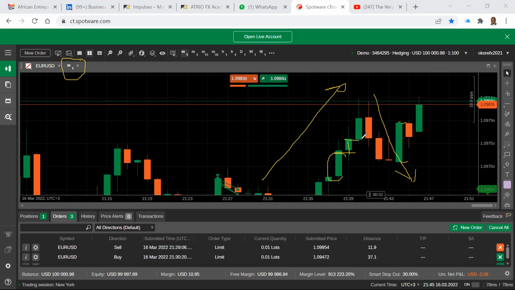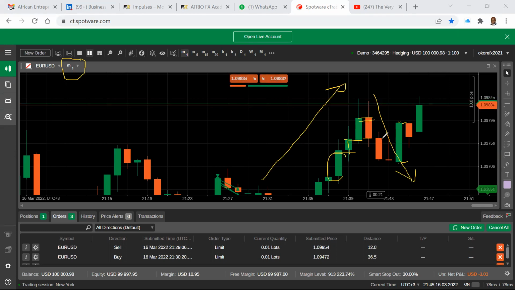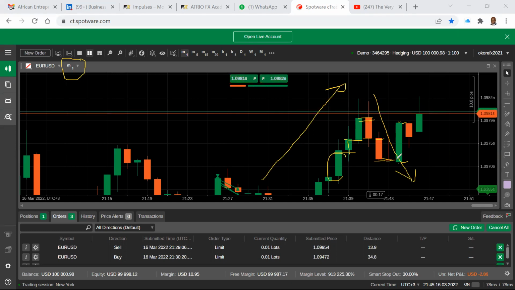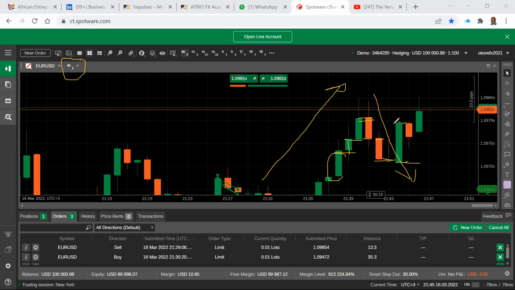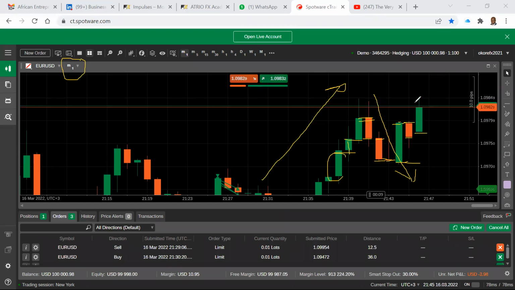If this closes there, that's where the next one opens. It's going down, the same thing. This becomes your opening, and this becomes your closing. Opening, closing, opening, closing.